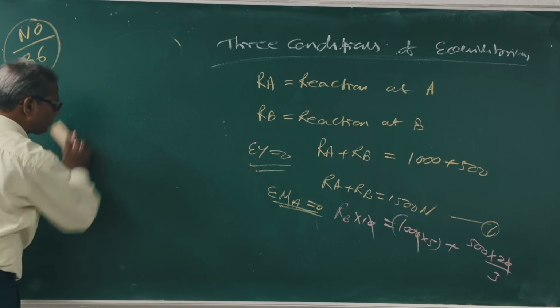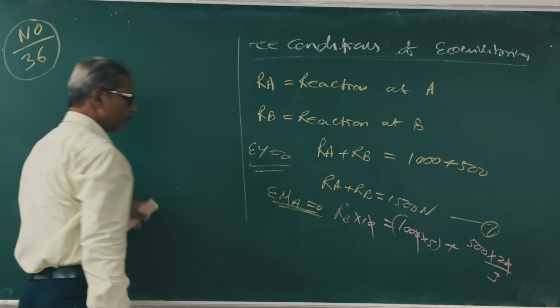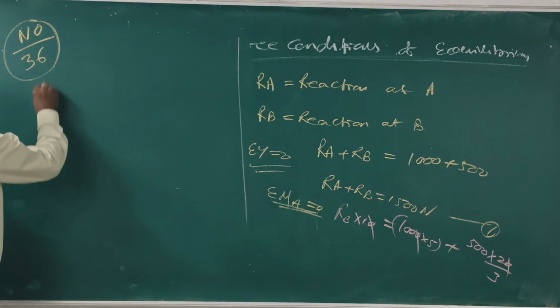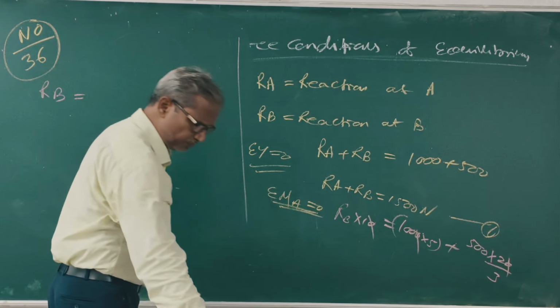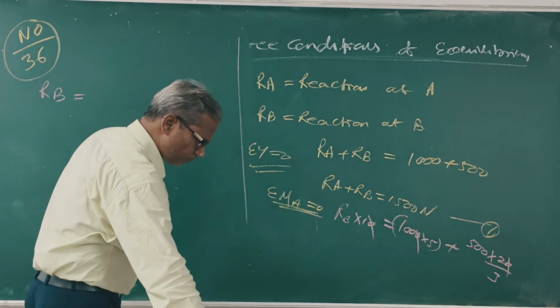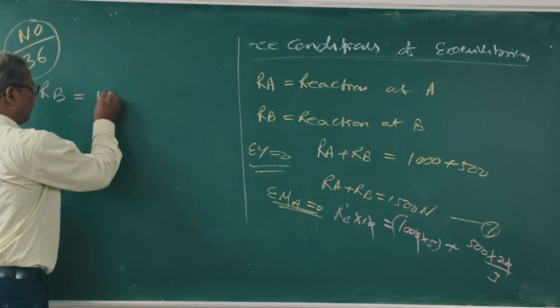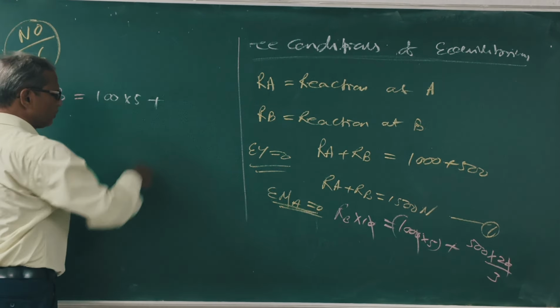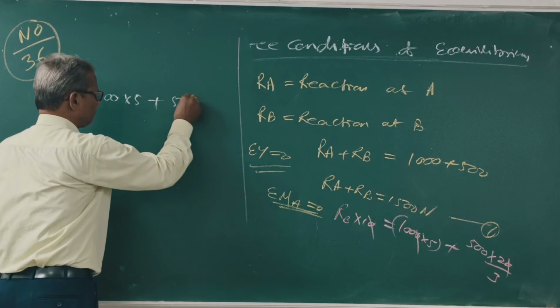Now, what is RB equal to? RB is equal to 100 into 5 plus 500 into 2 by 3.